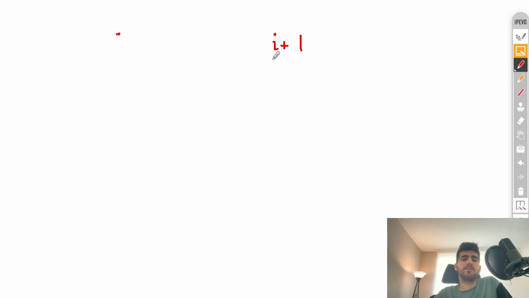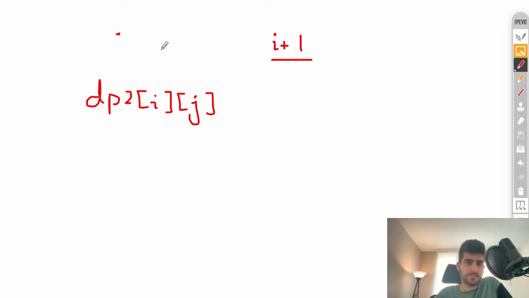When I add i plus 1, I have to consider dp2 of i and everything, because it means all the subsets that are completely in the elements before i plus 1. And I can see their size.